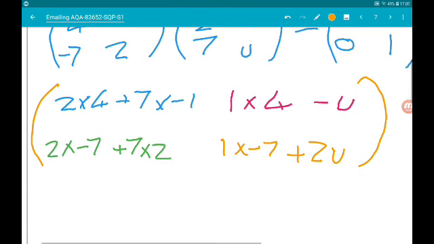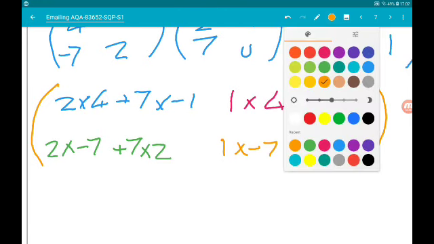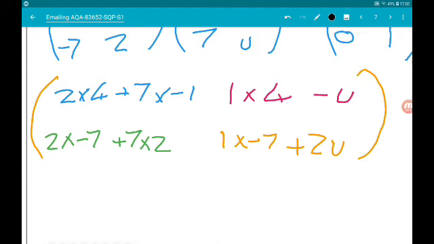Okay, so let's clear this up a bit. So, up the top left, 2 times 4 is 8, add 7 times minus 1 is minus 7, so that is indeed 1.